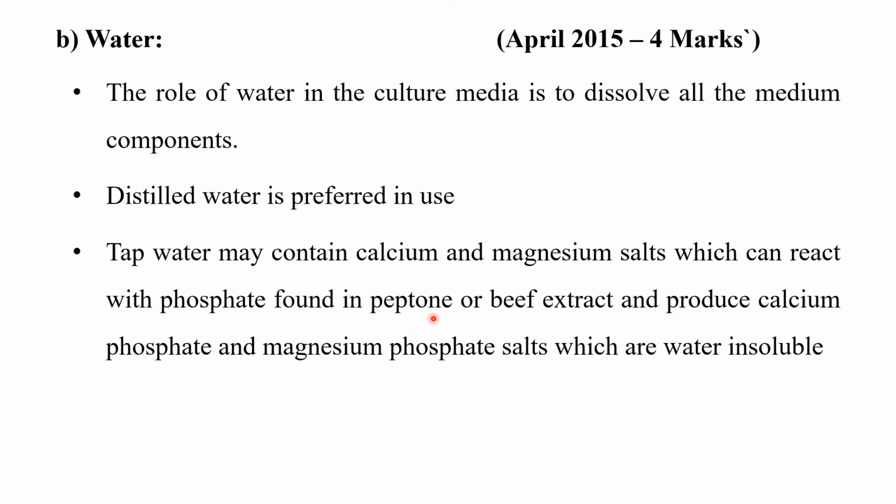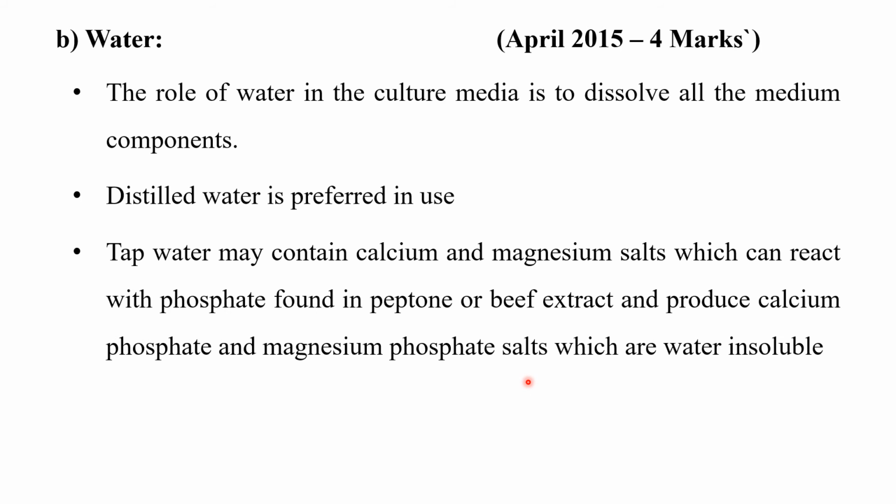Now, these calcium and magnesium salts can react with the phosphate which is mainly present within the peptone, as well as within the beef extract. When calcium and magnesium salts react with the phosphate, it results in the formation of calcium phosphate or magnesium phosphate salt.